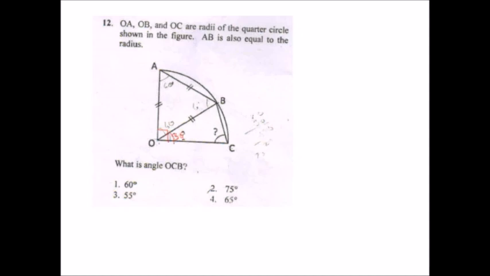This angle will be 30 degree, and these two sides are equal in length because they are radii of the circle. So this angle will be equal to this angle. So 180 minus 30 is equal to 150, as these two angles are equal. So each will have equal value, which is 75.